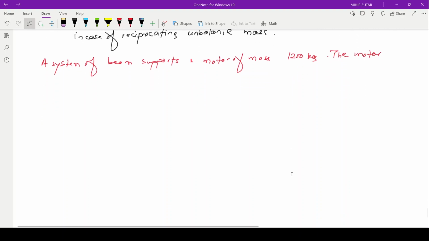The motor has an unbalanced mass of 1 kg located at 6 centimeter radius.